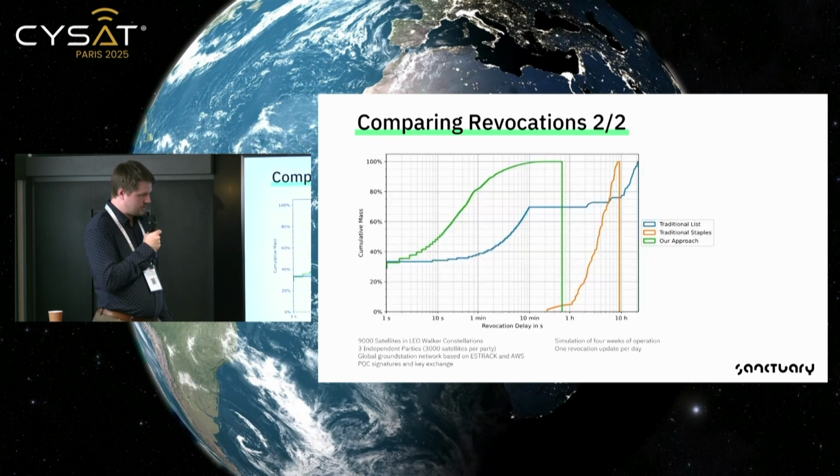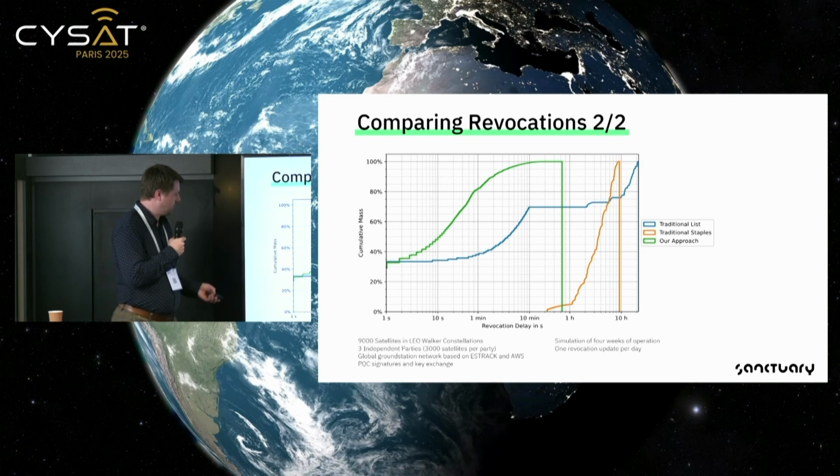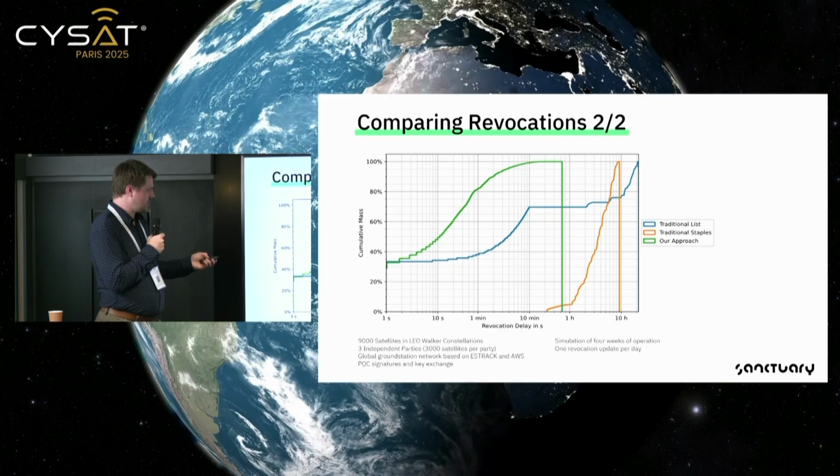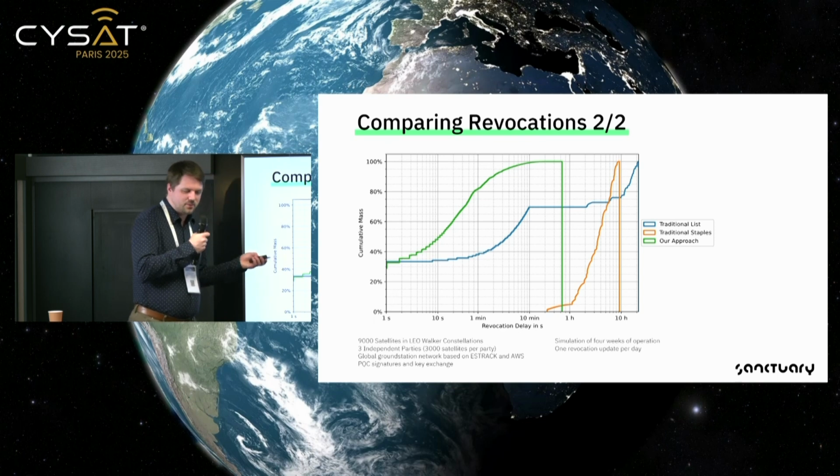And this you can also see here. Again, in a bit more detail, the green line shows the cumulative mass of updated spacecraft after revocation happens, and you see that up here you reach after 10 minutes almost all of them, and of course some have a pattern where they take some time till they connect to someone else again.